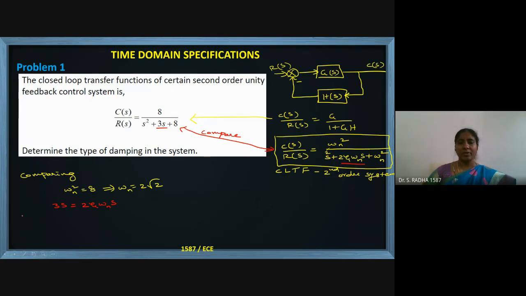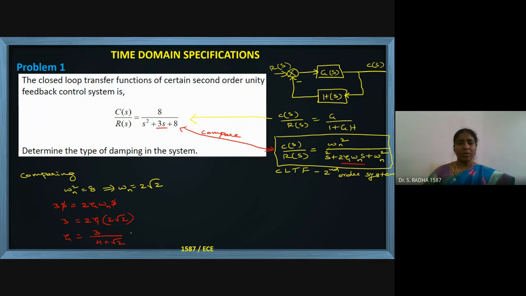I want the eta value calculation. s and s get cancelled and then 3 equals 2 times eta. Omega n we have already calculated above, so 2 root 2. Now eta value is nothing but 3 divided by 4 into root 2.